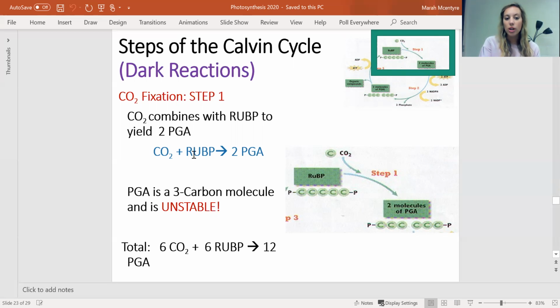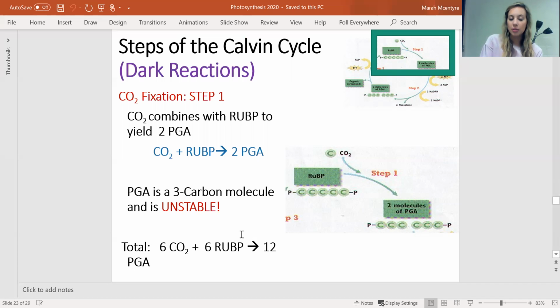So now with our 5 carbon molecule of RuBP and the 1 carbon from carbon dioxide, we now have 6 available carbons, and we have a total of 6 of them. So 6 times 6 is going to be 36 carbons available. So 6 carbon dioxides meet up and combine with 6 RuBP. That gives us a total of 36 carbons.